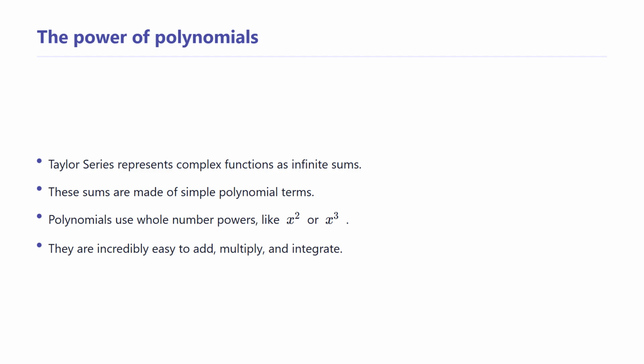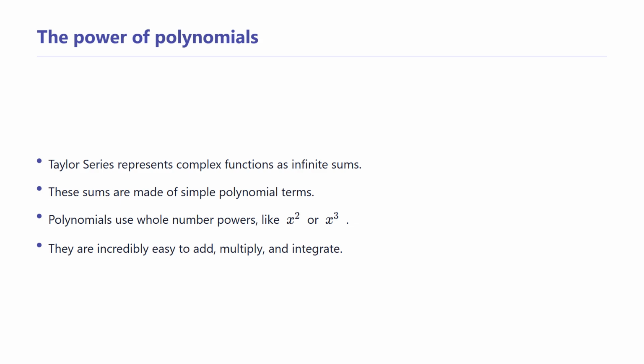So, how do we build this mathematical prediction? In formal mathematical terms, a Taylor series is a powerful method used to represent a complex function as an infinite sum of simple polynomial terms. Why polynomials? Because a polynomial is just a mathematical expression with variables raised to whole number powers, like x squared or x cubed.